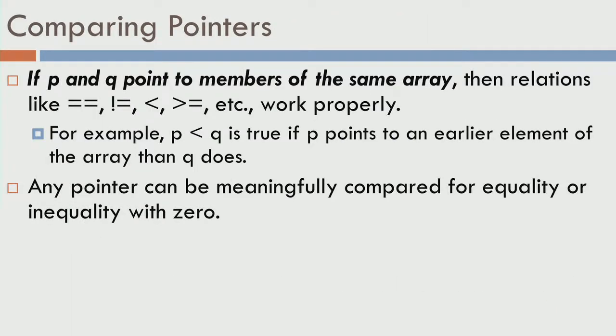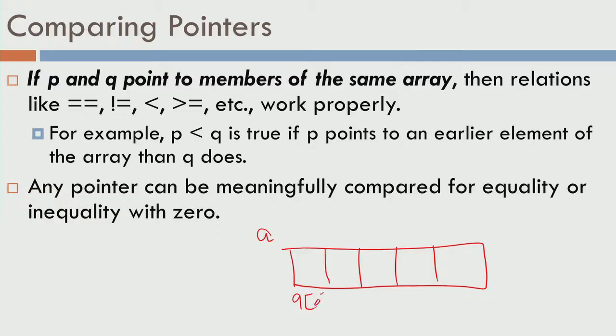You can compare pointers. If p and q are pointing to members of the same array, then you can do things like equal to, not equal to, less than and so on. Let us say I have an integer array, and I am drawing an array, not memory. Let us say this is A of 0 and this is A of 4.